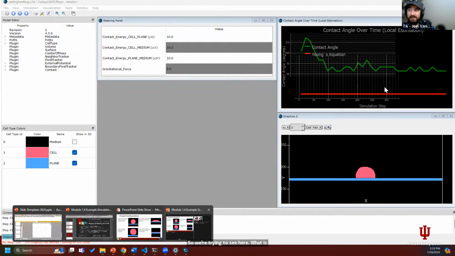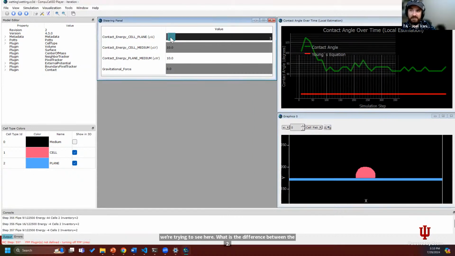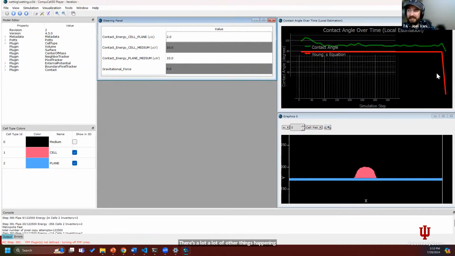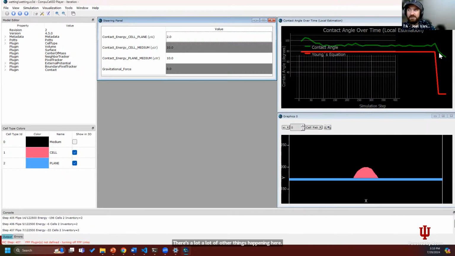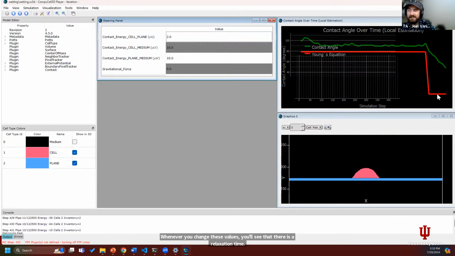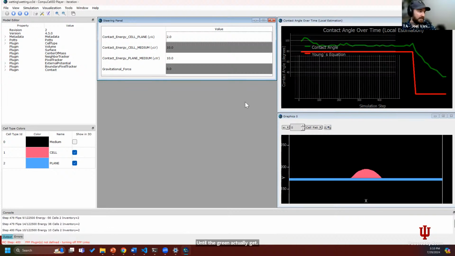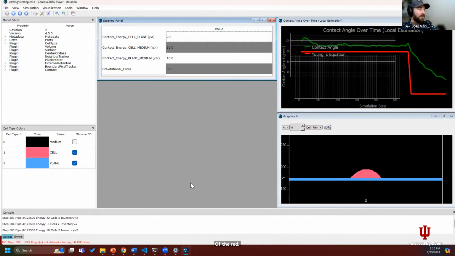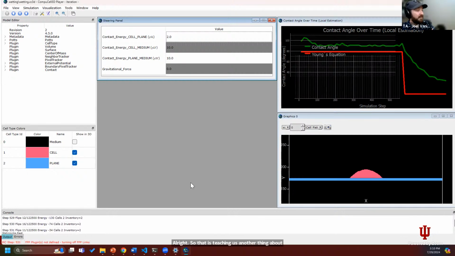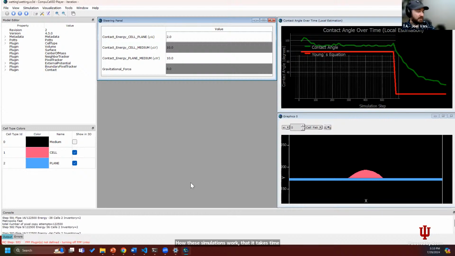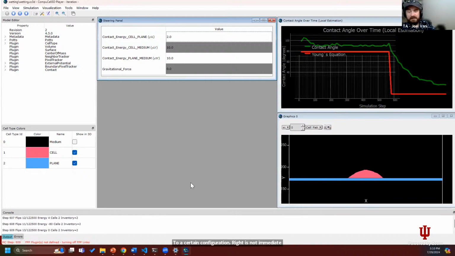Whenever you change these values, you'll see that there is a relaxation time until the green actually gets to the estimated value of the red. So that is teaching us another thing about how these simulations work: it takes time to go to a certain configuration. It's not immediate like the Young's equation.